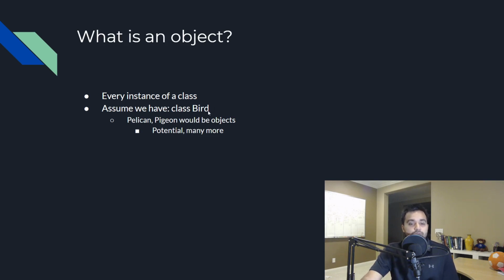The bird will have those kinds of methods that the pelican will have to define for it to be a valid object. Same thing with pigeon. So the bird is like the template. Classes tend to not be very specific. It's just a template that objects of the class actually define. And pelican and pigeon are not the only objects. There are way more, like blue jays and eagles. Those are just the two birds I thought of off the top of my head.